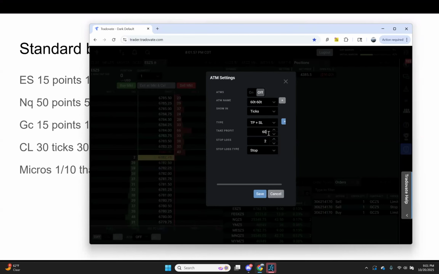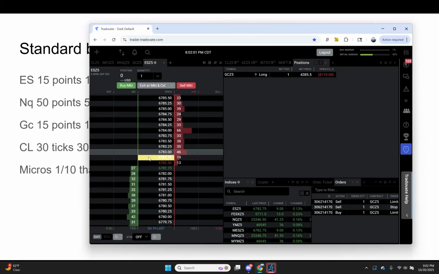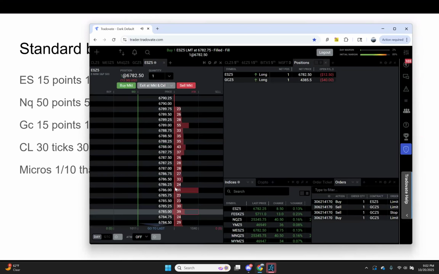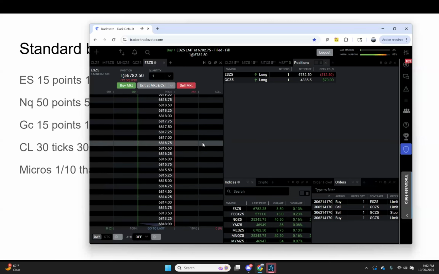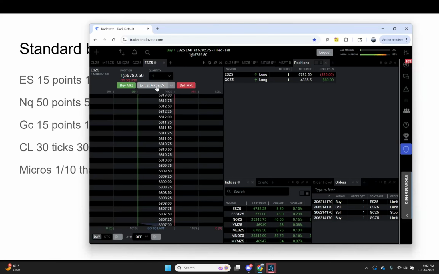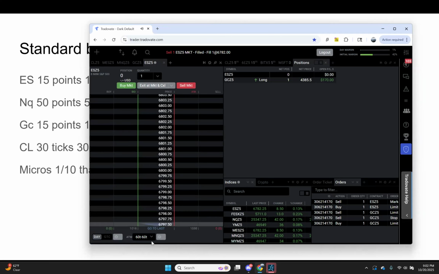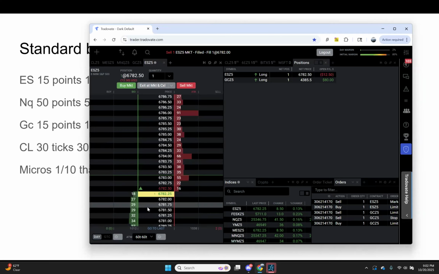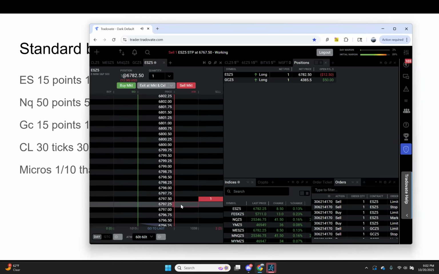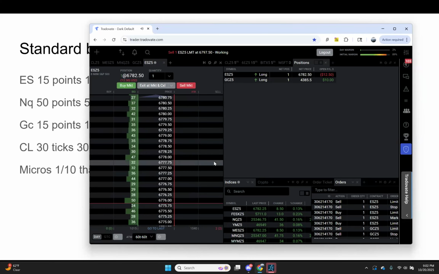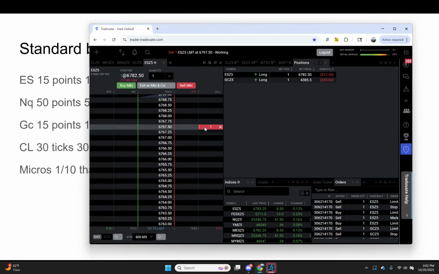Boom, we're going to save it. Oh, I messed up. I've got to turn the bracket on. Okay, turn it on. You've got your target 15 points higher and your stop 15 points lower.